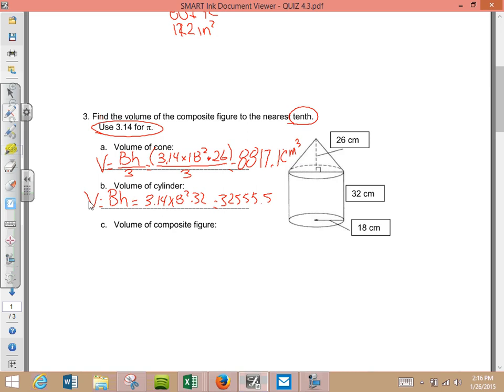I mean, the third part. That was it. All you have to do was add it. I had some kids who subtracted and somehow multiplied. If you're saying find the volume of the composite figure, meaning the whole thing, all you have to do is add it, right? I didn't think it was a difficult thing.